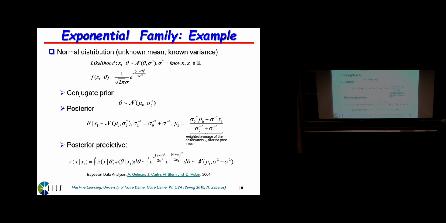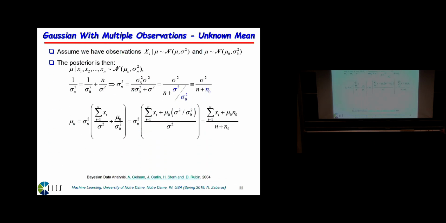Again, I don't want you to remember any of these formulas, all right? But I'm just telling you that this update in the parameters of the prior is the result of the fact that these distributions are all conjugate distributions coming from the exponential family. You can generalize this for the Gaussian to many measurements.